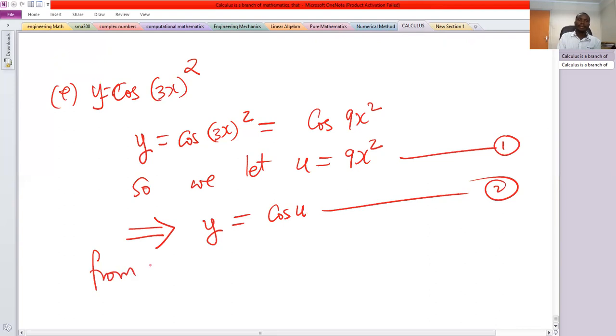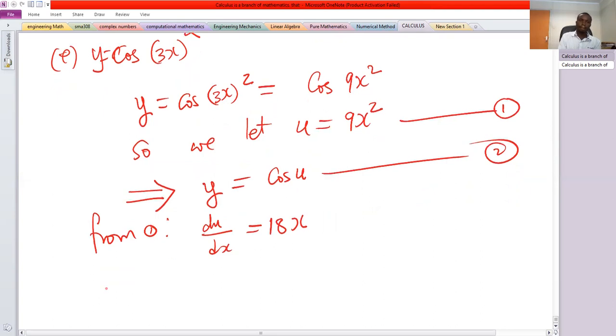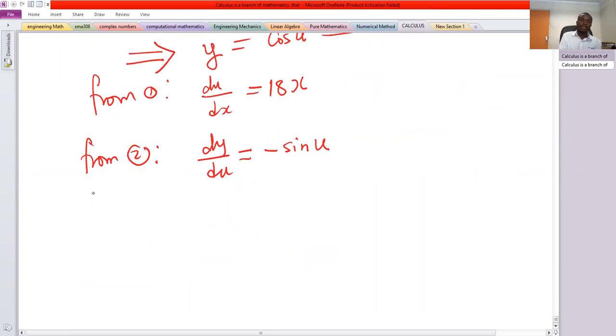Now from 1, du dx is 18x, and from 2, dy du, differentiate a cos function, you get negative sine function. Now you go back to definition. Dy dx is dy du times du dx.